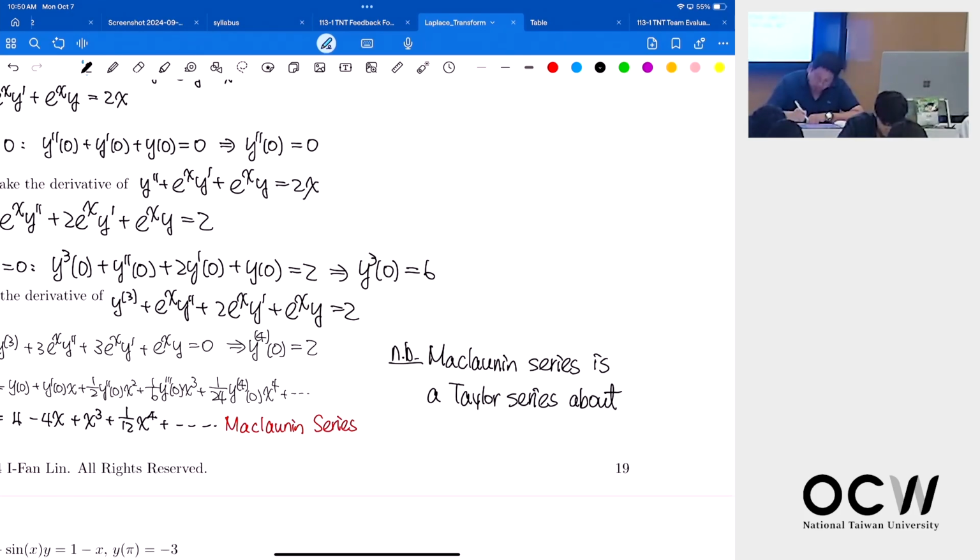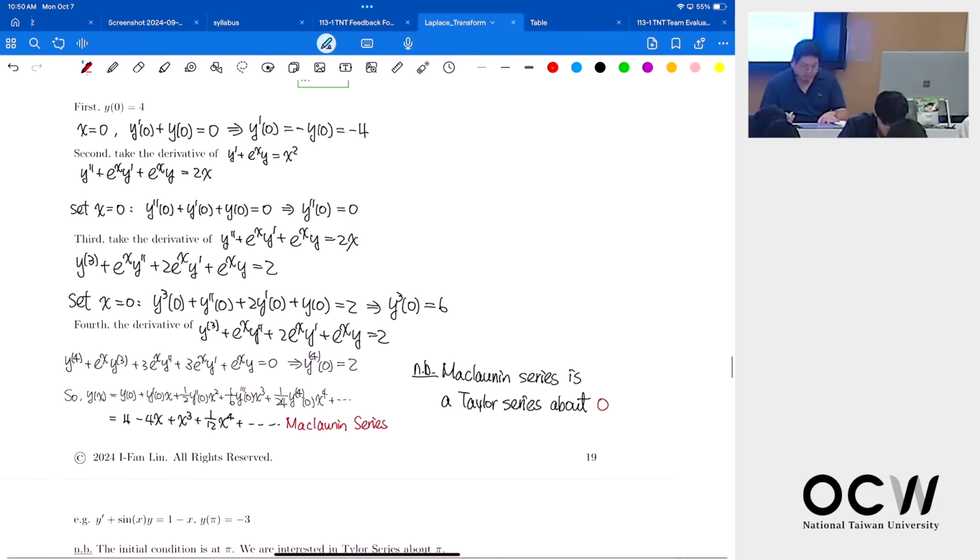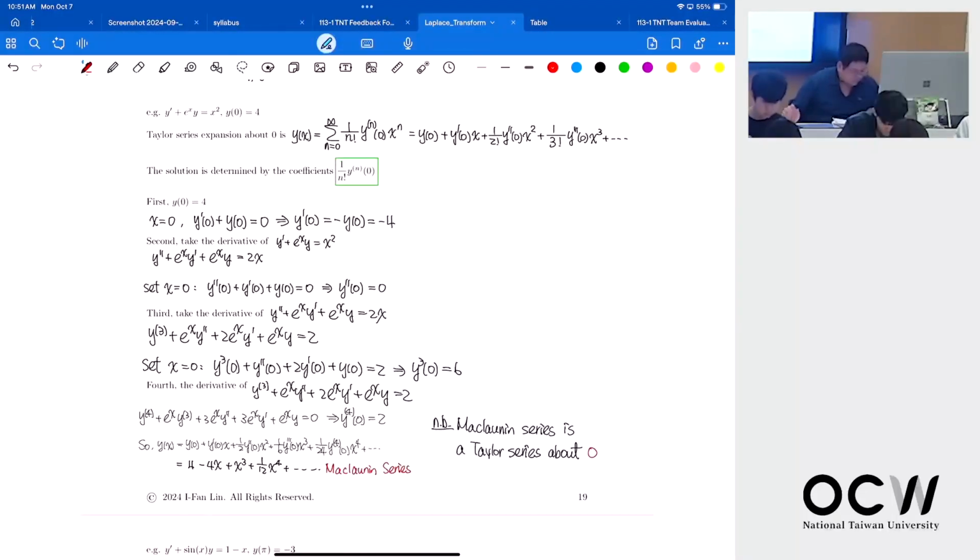Only about 0, that's called Maclaurin series. Otherwise, it is just the Taylor series about 1, Taylor series about minus 2, Taylor series about a point. Okay? Any questions for that? Right. If you don't have any questions, then let's see another example.